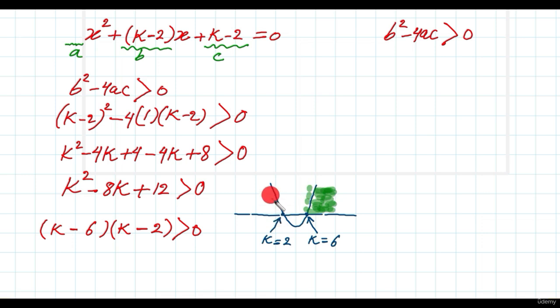And also below 2, moving to the left side, the curve is also positive. So therefore, we can say that the solutions or the set of k values are within this range, starting from negative infinity until 2, or starting from 6 then to positive infinity.